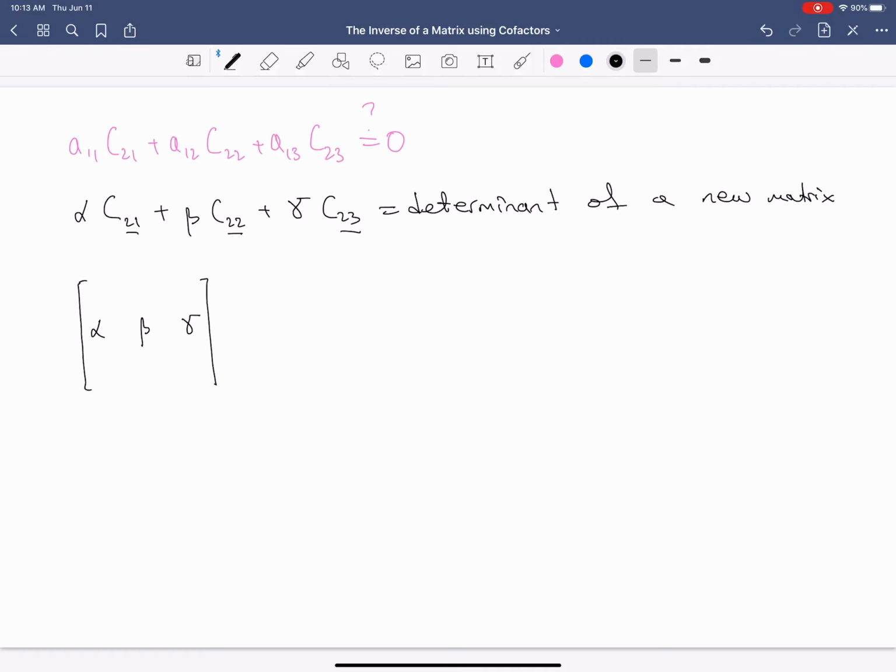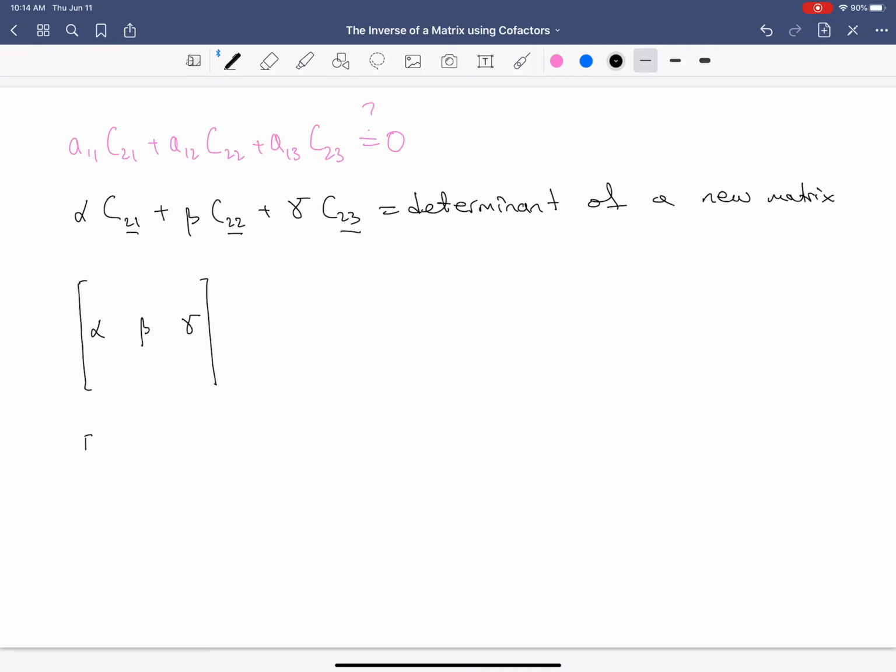So the question is, which is that matrix? In this matrix, I know that the second row needs to be alpha, beta, gamma, because this corresponds to expansion in the second row, provided that the components are alpha, beta, gamma. And then the first and the third rows are defined by whatever is in the cofactors. But we know exactly what is in the cofactors 2, 1, 2, 2, 2, 3.